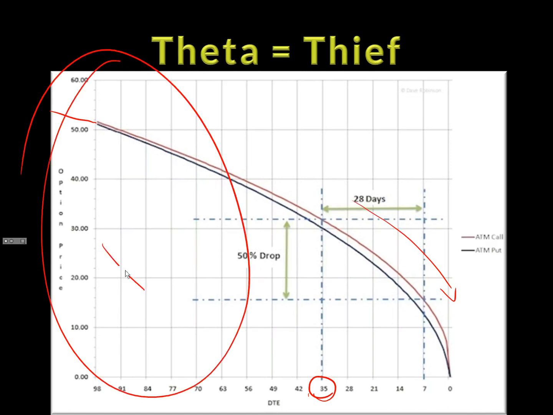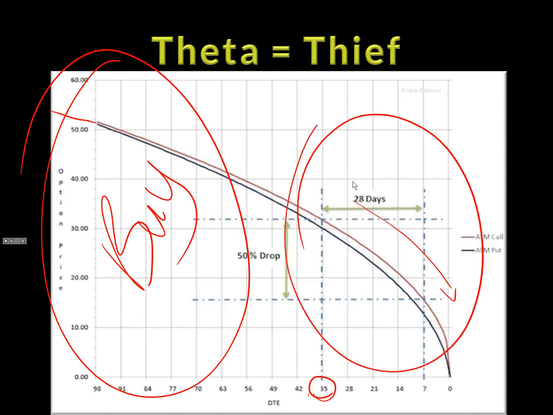So I like to say out here is your buy zone, and inside of here is really your sell zone, all right? So if we've determined options are cheap, which we have, then we're going to lean towards the further duration options. Keep in mind, I did say we're going to be able to counteract a lot of these.